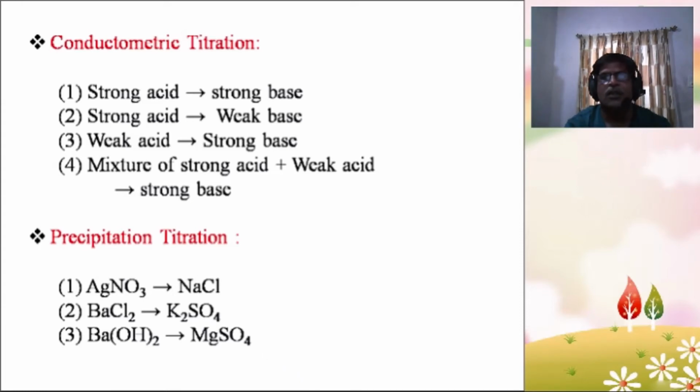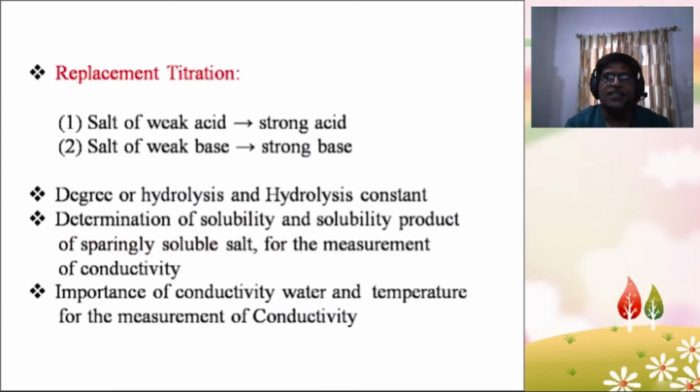Then replacement titration, salts of weak acid and strong base, degree of hydrolysis and hydrolysis constant, determination of solubility and solubility product of sparingly soluble salt by measurement of conductivity, and the importance of conductivity water and temperature for the measurement.